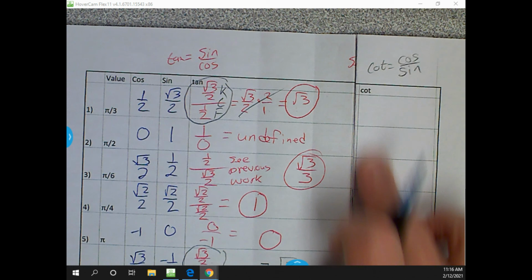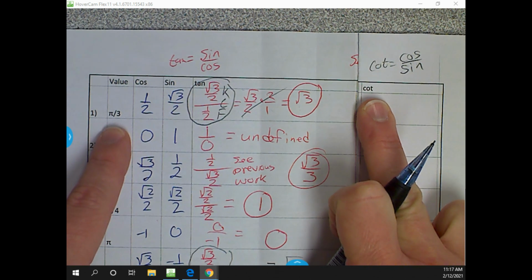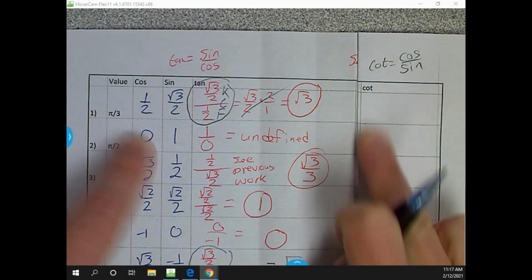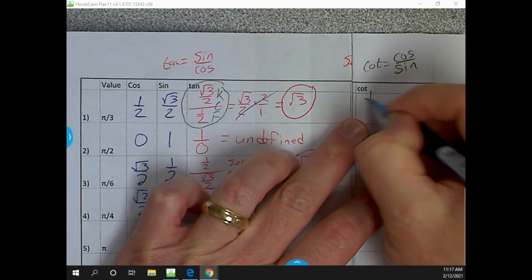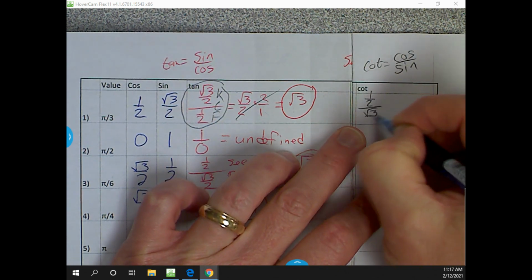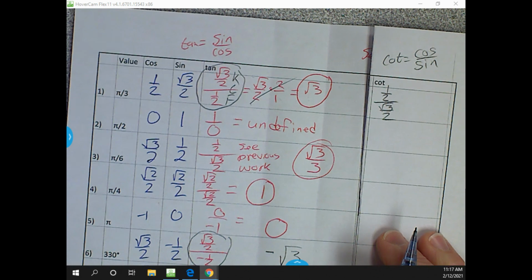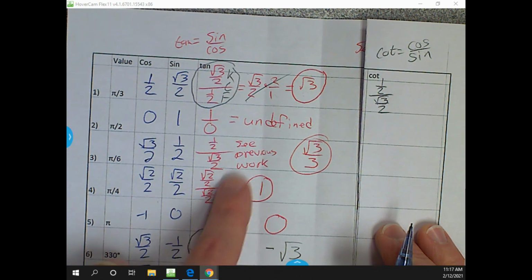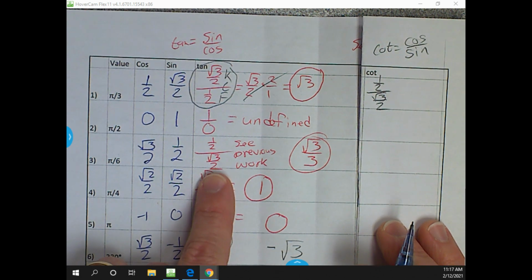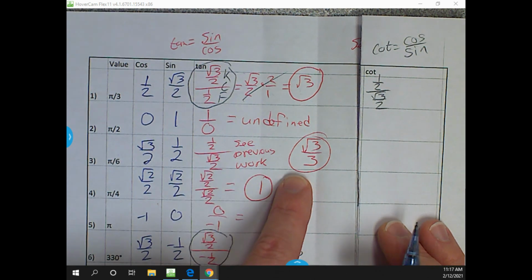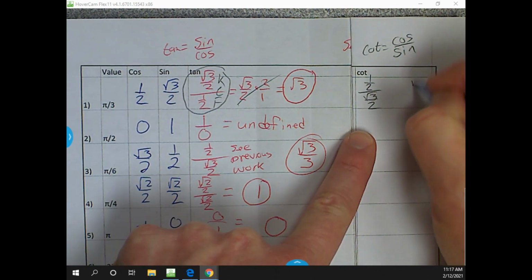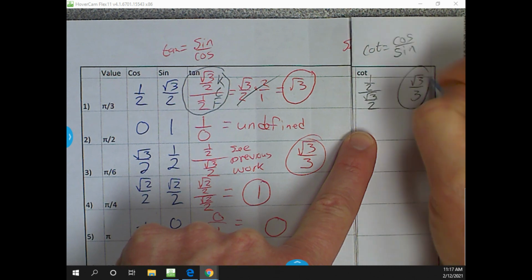So if we're doing the cotangent of pi over 3, we're going to do 1/2 over the square root of 3 over 2. But hey, look right here. You already got the answer for this one, right? We already did 1/2 over square root of 3 over 2. We don't have to do anything new. This answer is just square root of 3 over 3.